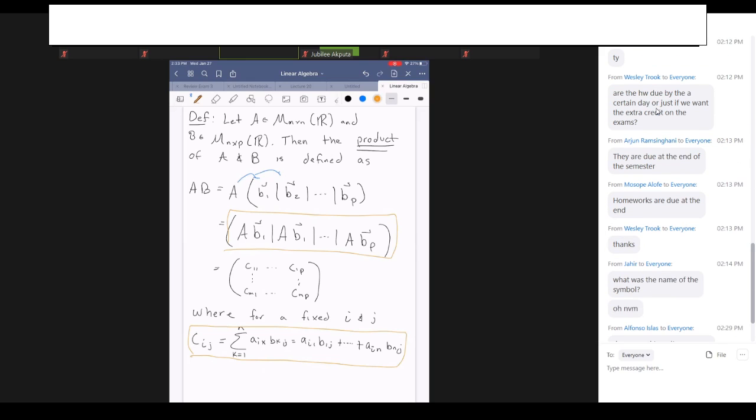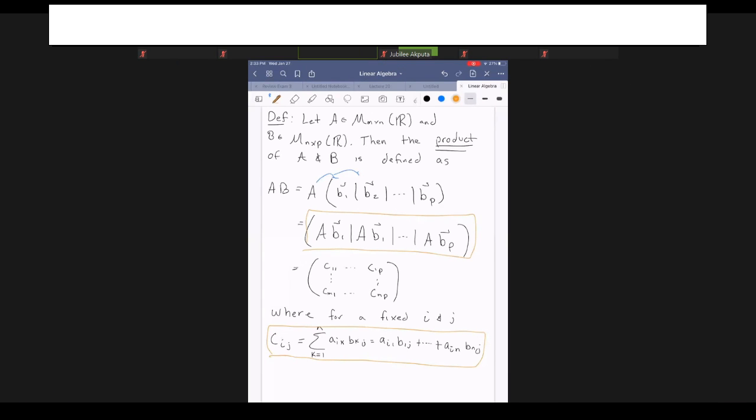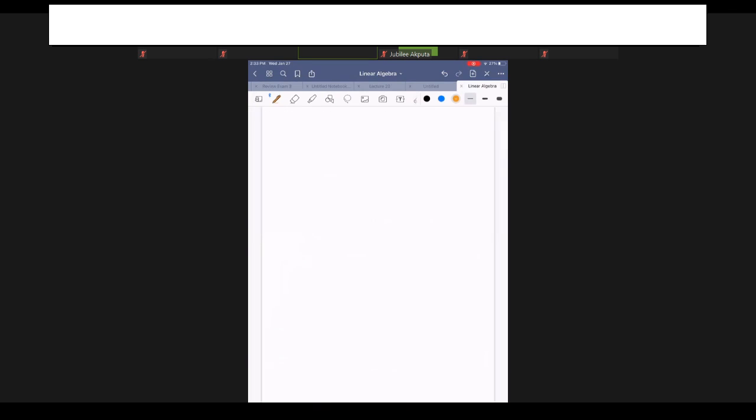Okay. But first, let me remark: when does a matrix multiplication exist? Notice that these two matrices come from different sets of matrices, right? One has an m by n dimension, the other has an n by p dimension. So let's say A was an m by n, and B was an n by p.